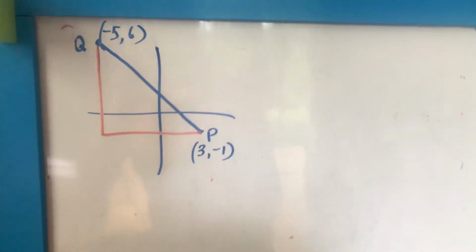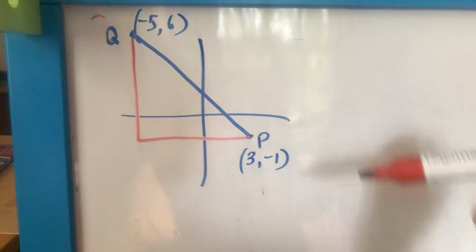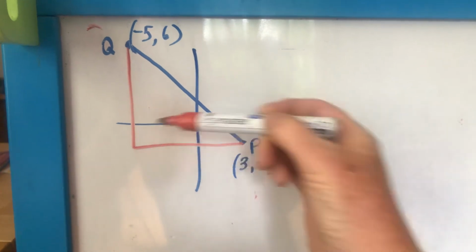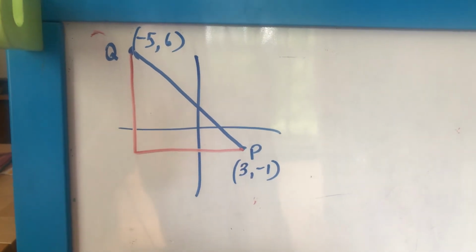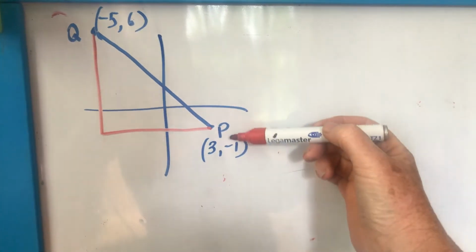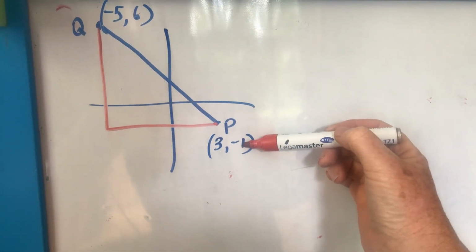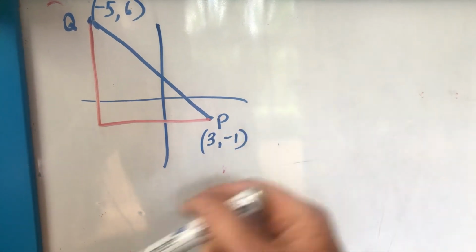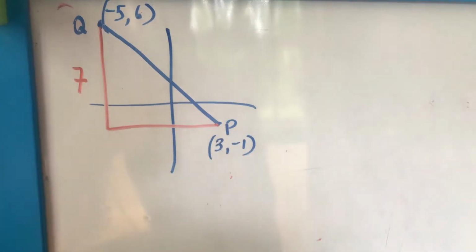Okay, now here's the bit that's helpful. To get the up and down numbers, they're the y values on your points, aren't they? So they start up here at 6 and they go down to minus 1. So how many is it from 6 down to minus 1? Well, it's 7.